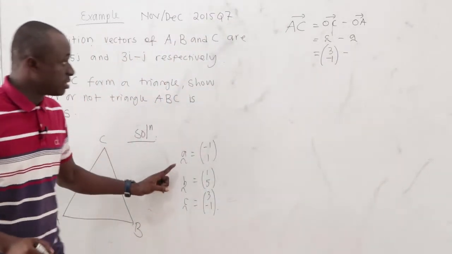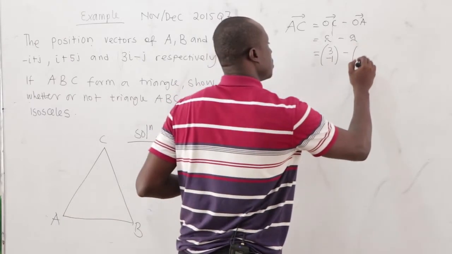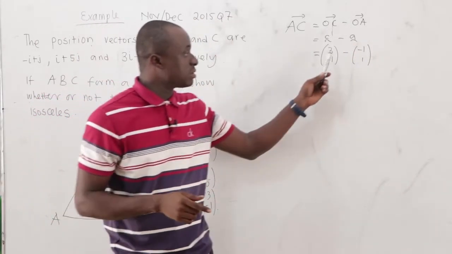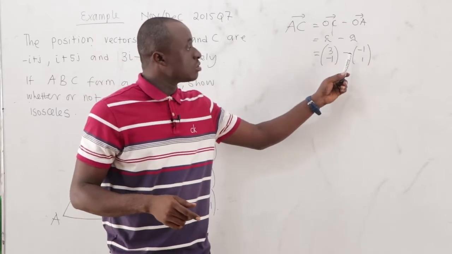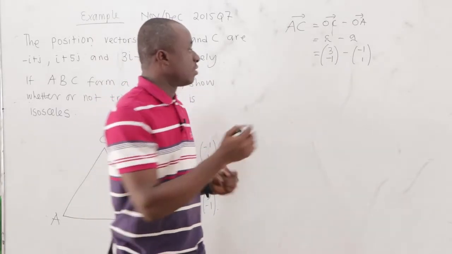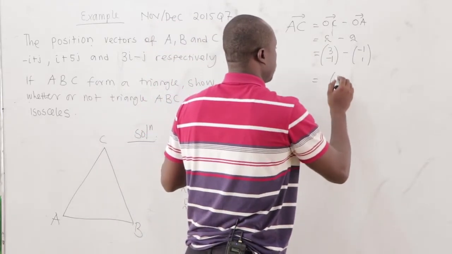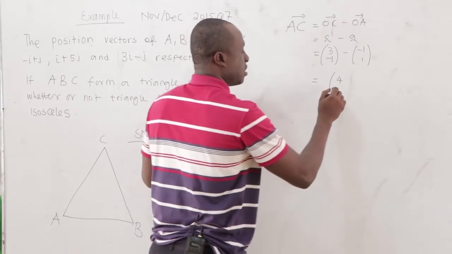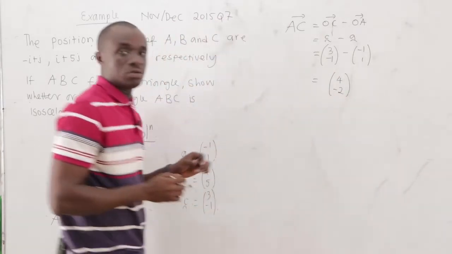And what is the point A? The point A is negative 1, 1. Now, here it becomes 3 minus negative 1. So negative, negative, that will be positive. So 3 plus 1, that is 4. And then negative 1 minus 1, that is negative 2.